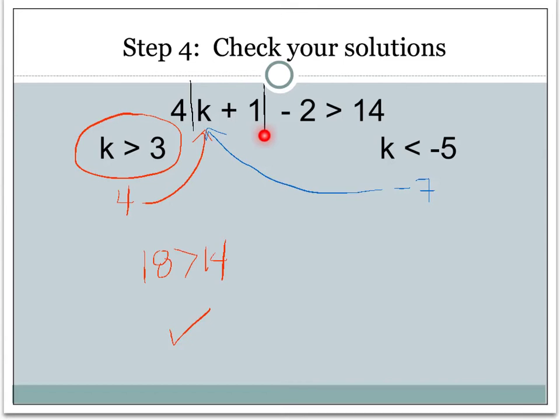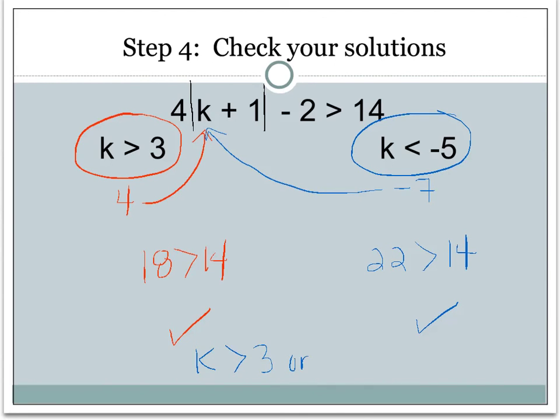The absolute value of negative 6 is positive 6. Positive 6 times 4 is 24, and 24 minus 2 is 22. Is 22 greater than 14? Yes, that works. So those are the two answers: k can be greater than 3, or k can be less than negative 5, and it will make the original inequality correct.